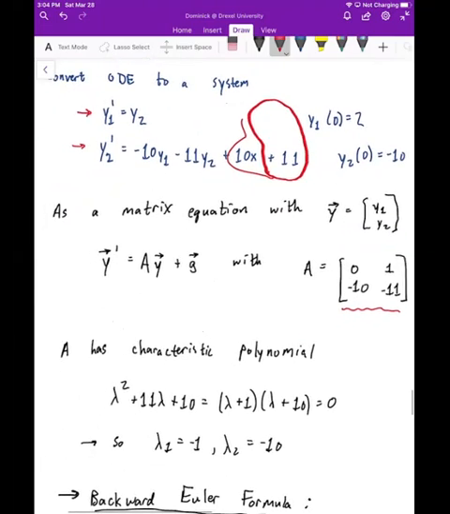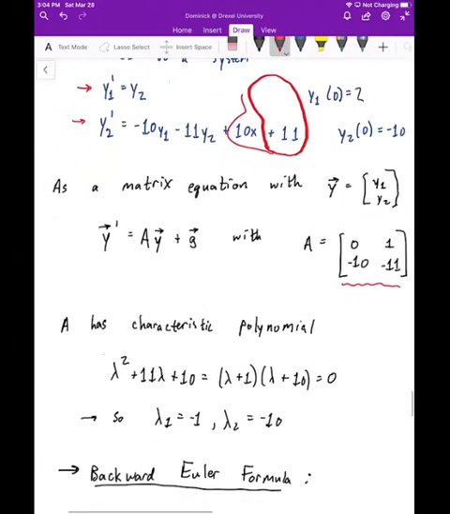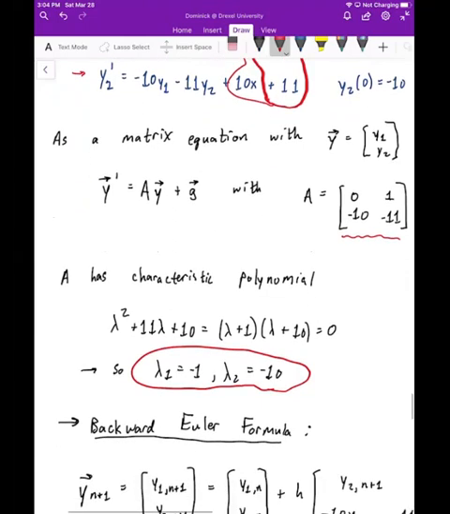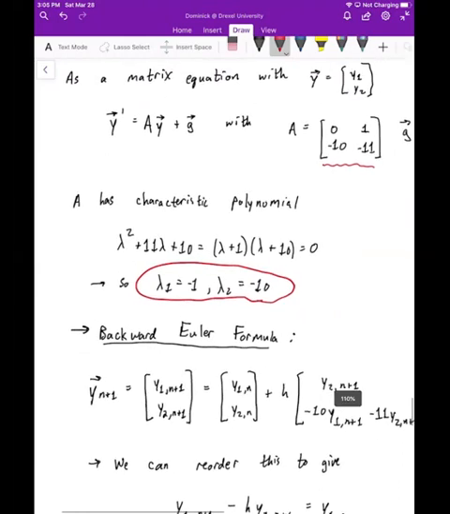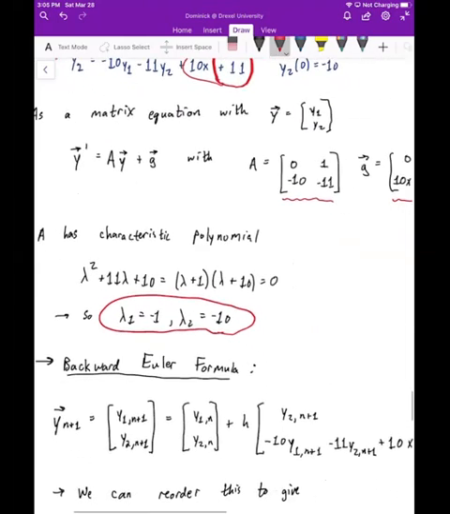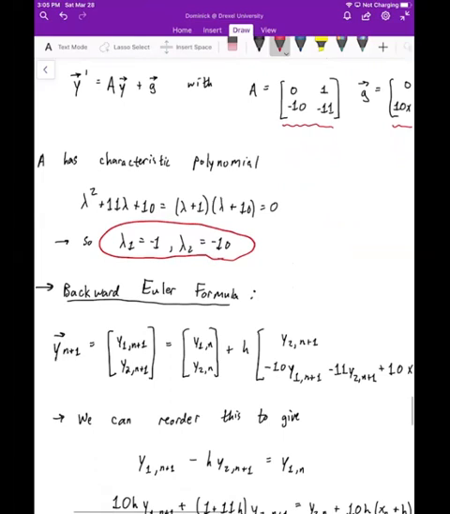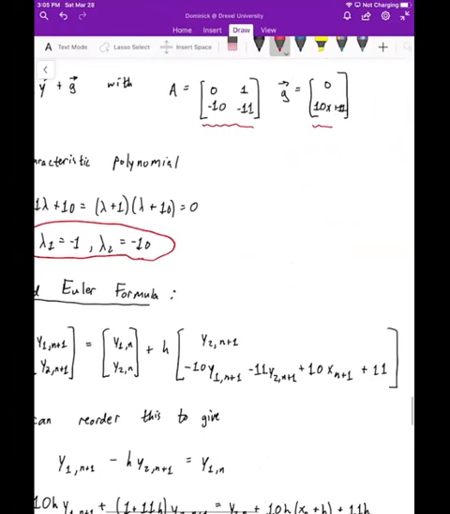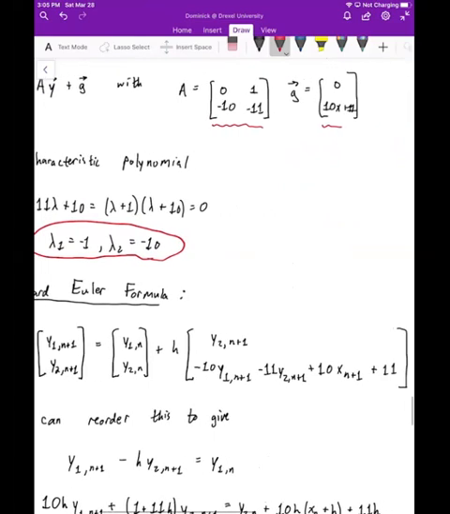Now, if we find the eigenvalues of our coefficient matrix A, you should expect this based on the answer that we stated previously, you would find that your lambda 1 is negative 1 and your lambda 2 is negative 10. Okay, now if we apply our backward Euler formula to this, we get the component-wise relationship as follows, right?